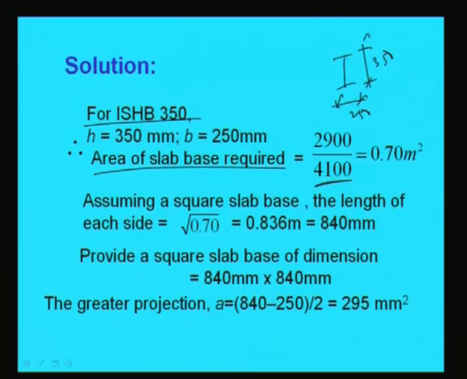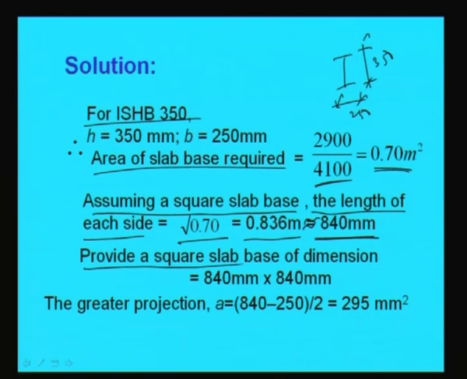So we can find out the area of slab base as 2900 by 4100, that is 0.7 square meter. Now assuming a square slab base, the length of each side will become square root of 0.7, that is 0.836 meter, which can be made as say 840 millimeter. So let us provide a square slab base of dimension 840 by 840 millimeter.